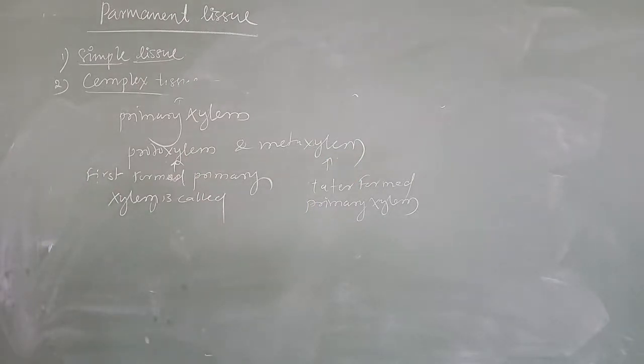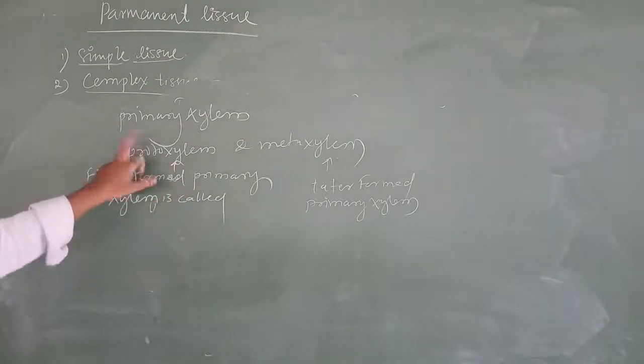Understood? Protoxylem is the first formed primary xylem, and later formed primary xylem is called metaxylem.